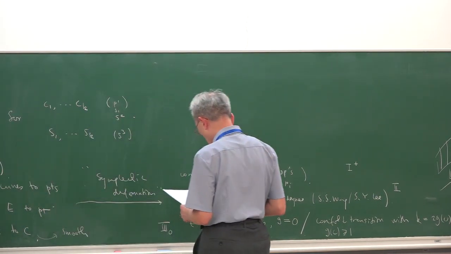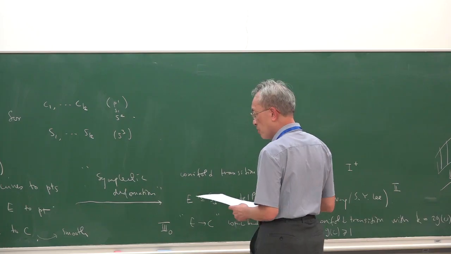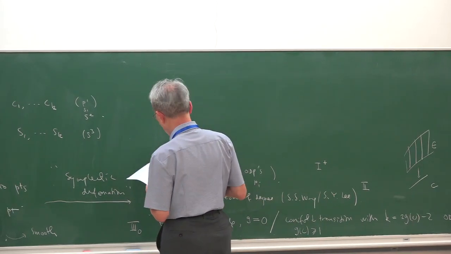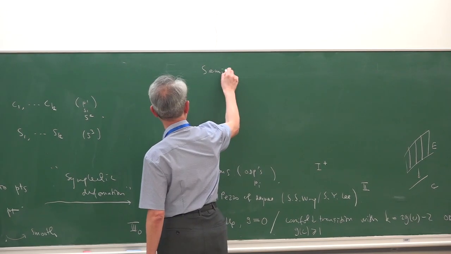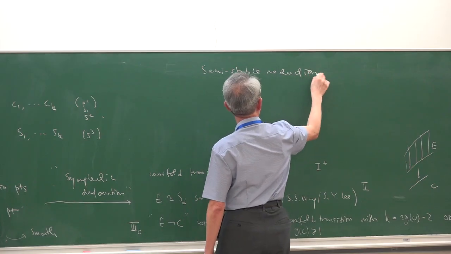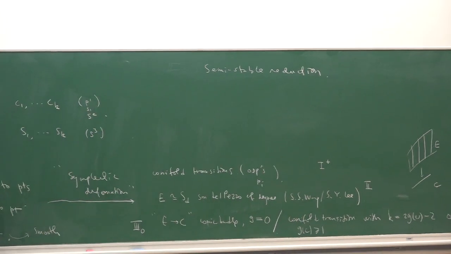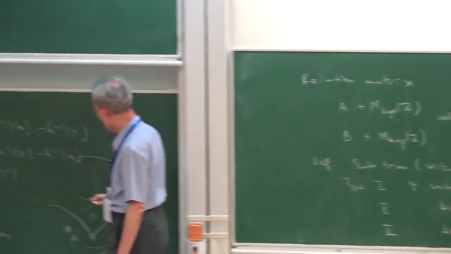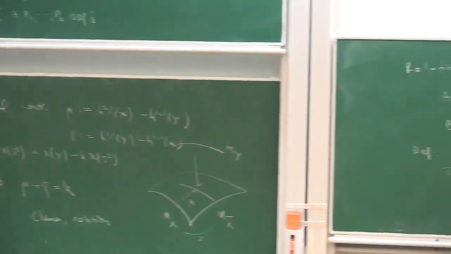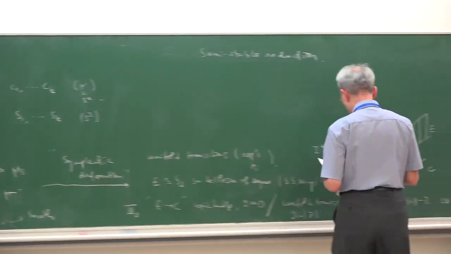So, in order to study the detailed geometry, we need to do the so-called semi-stable reduction on both maps. So here you have a contraction. Then you can do the deformation to normal cone with the sectional locus.